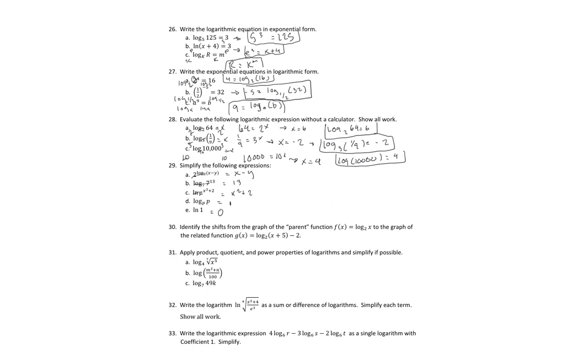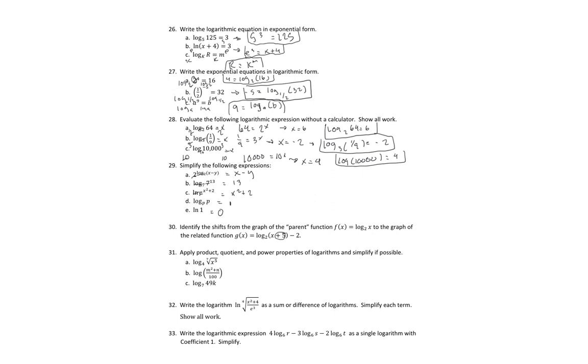Okay, so on number 30, we have to identify the shifts from the graph of the parent function f of x is equal to log base 2 of x to the graph of the related function g of x is equal to log base 2 of x plus 5 minus 2. We can see that we have this plus 5 applied to the x, inside the log.